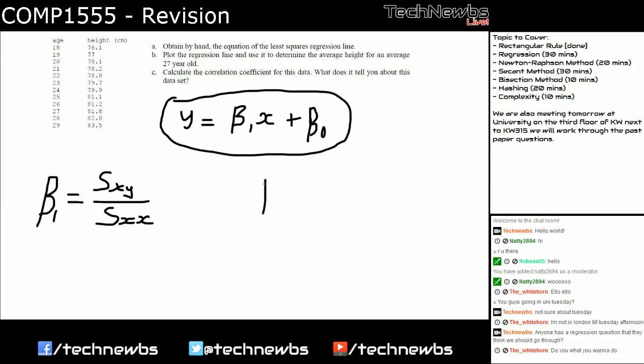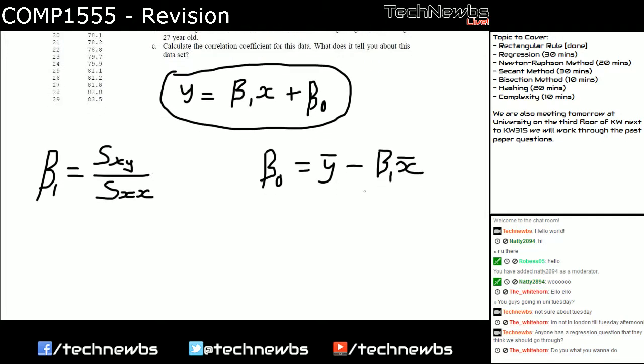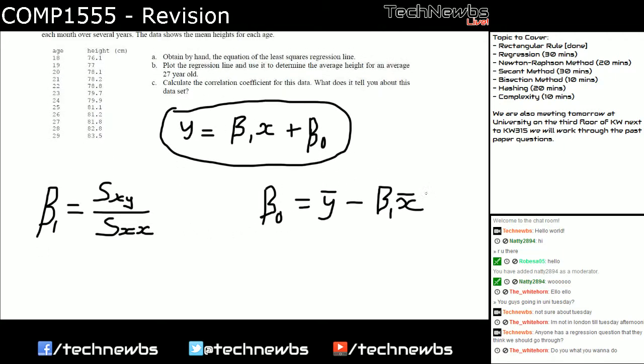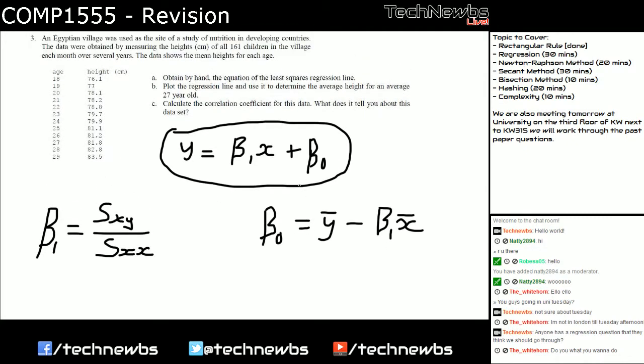And to find beta 0, we do the mean of y, so y bar, minus beta 1 times the mean of x. And so as you can see, we first have to find b1 before we try and find b0, because you need b1 to find b0.